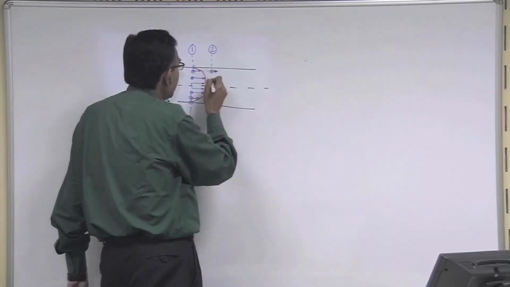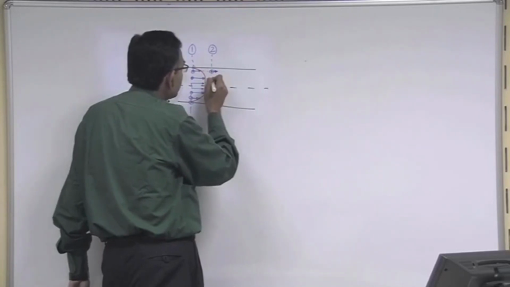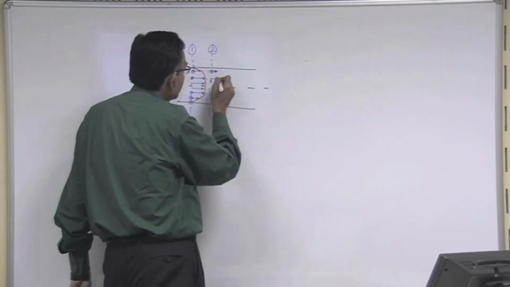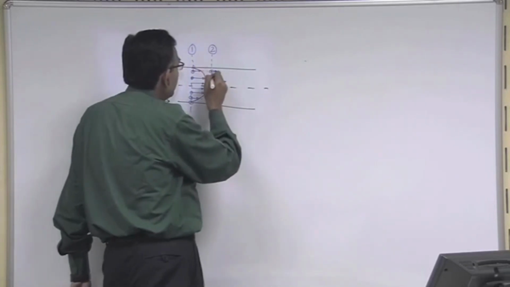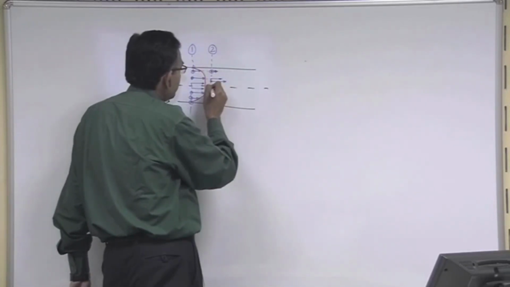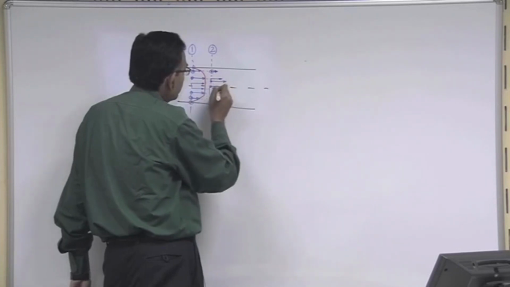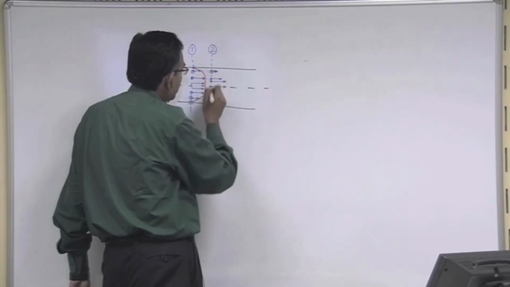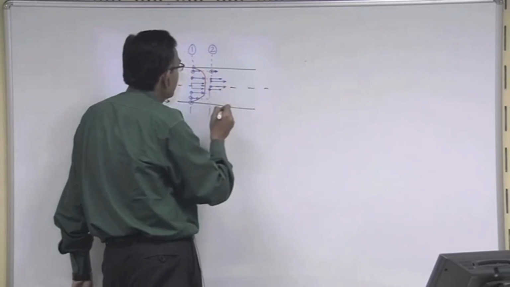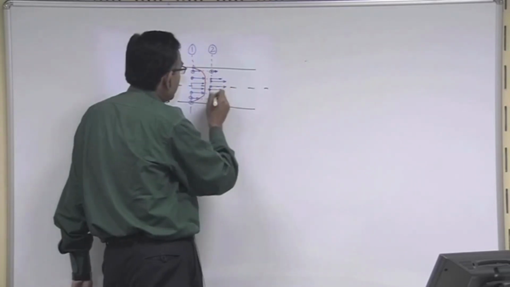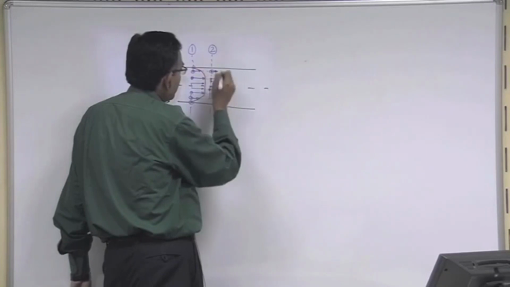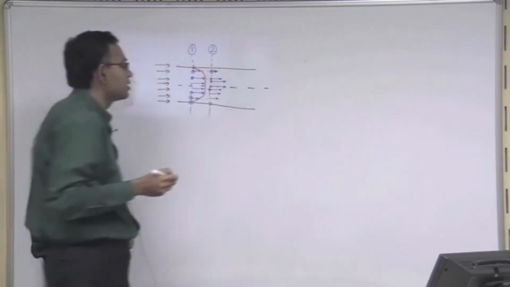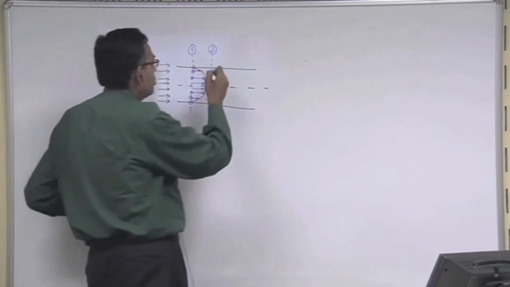Let us say that distance is here. We draw similar things on the other side, draw some vectors and then draw the velocity profile.